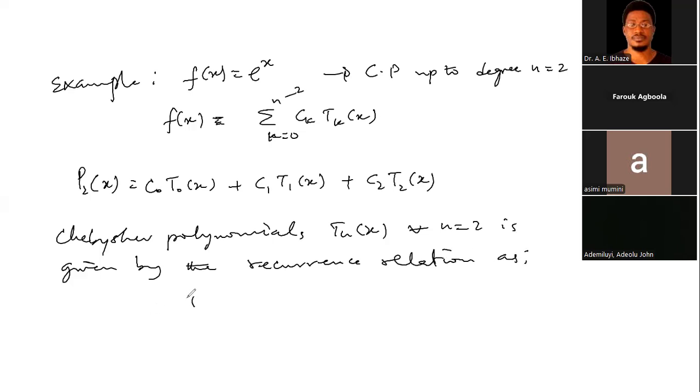So we already know T naught of x is the same as 1, and T1 of x is the same as x, and T2 of x is the same as 2x squared minus 1.